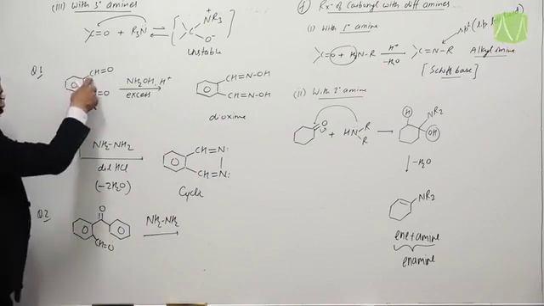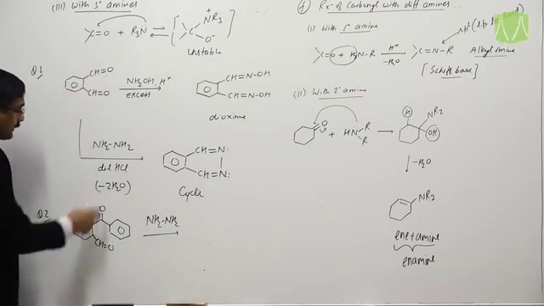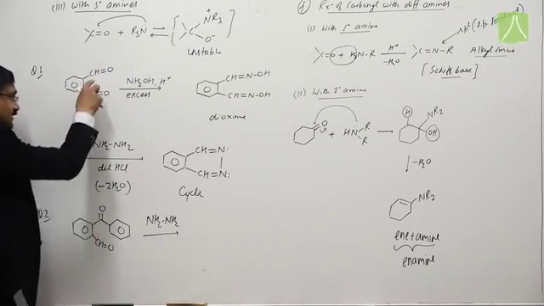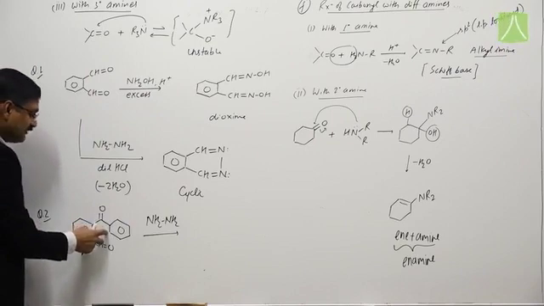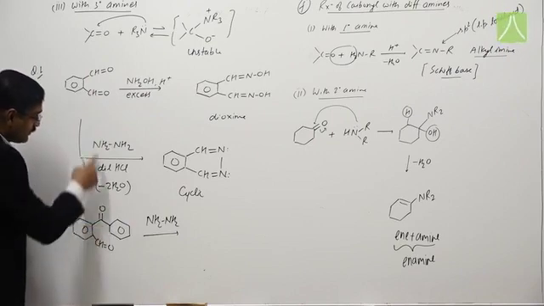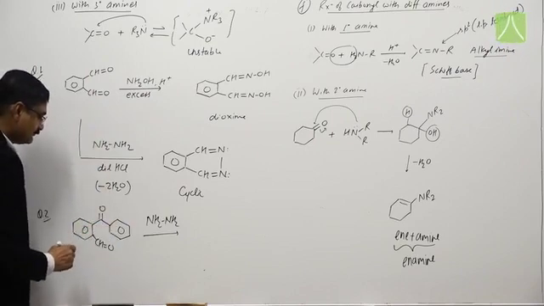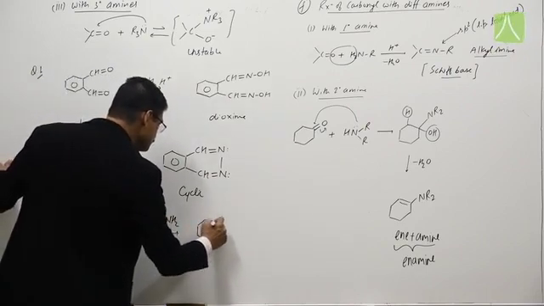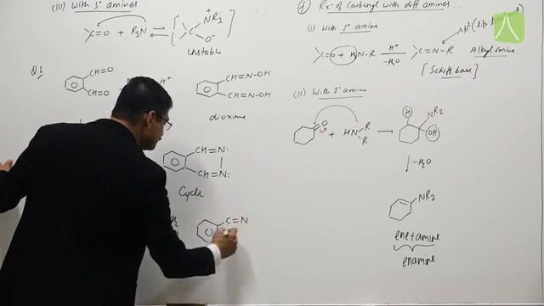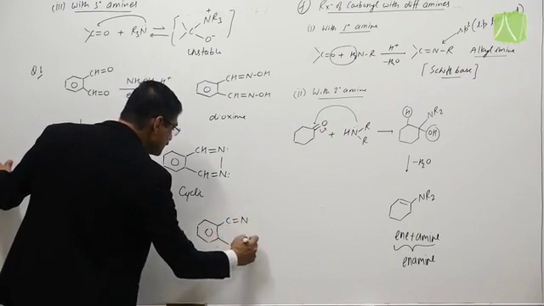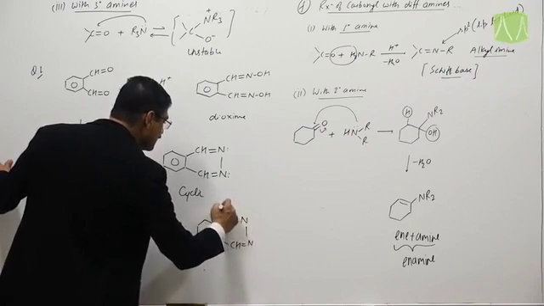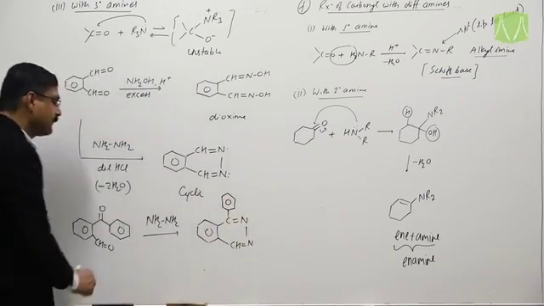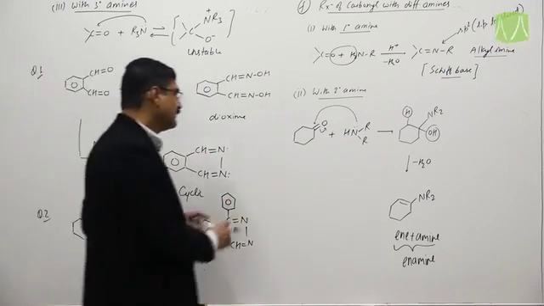It is very much similar to the previous example, but hydrogen is replaced with the phenyl group. So there is a difference of hydrogen atom and phenyl group only. So the reaction is ultimately the same. So the product is like this: C double bond N, CH double bond N, and 1 phenyl ring is present on this carbon atom. So this is a very similar example.